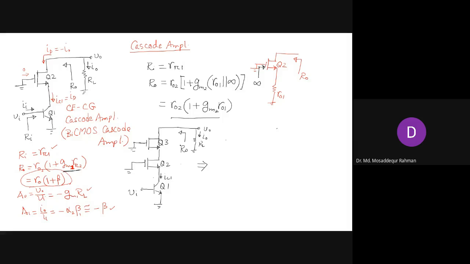How will it change? Now this circuit you can draw like this. What will be our equivalent circuit?